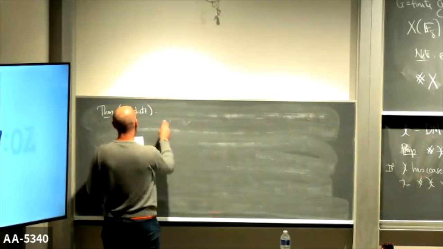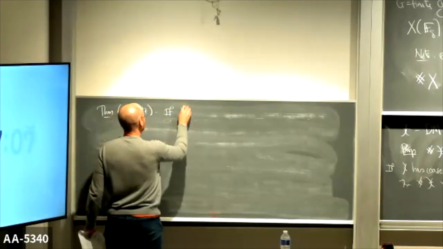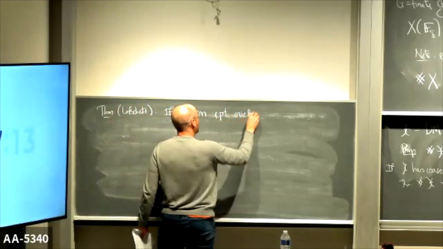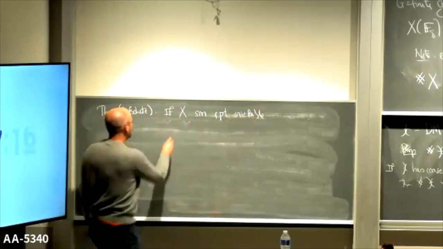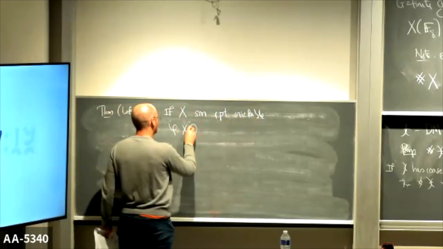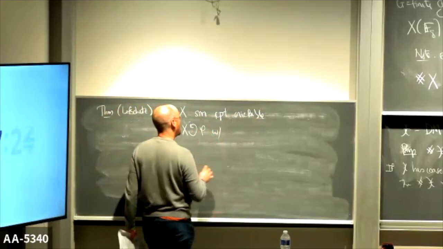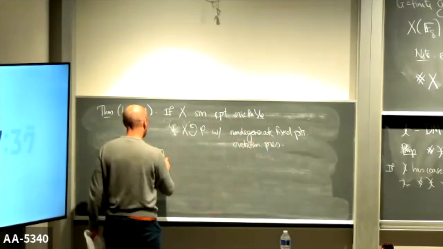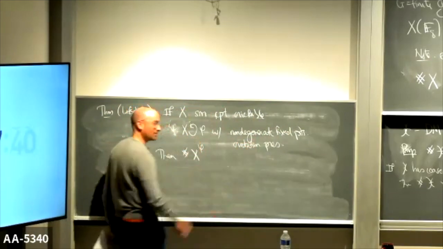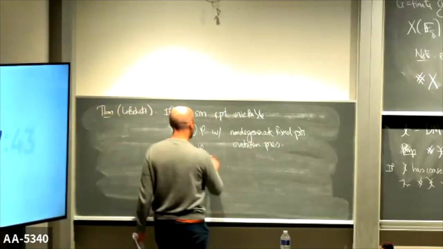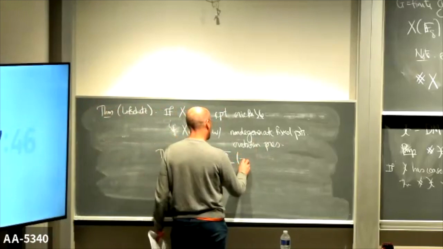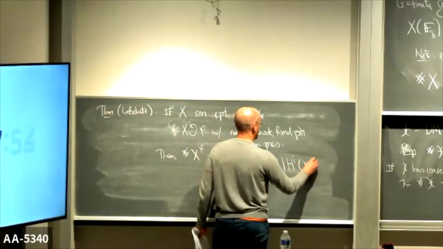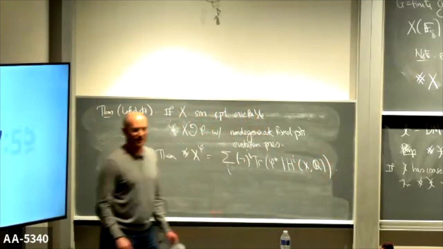And so I should remind you of an early theorem in topology going back to Lefschetz. There are much more general versions of this, but let's look at an easy version. If X is a smooth compact manifold, and phi is an orientation-preserving endomorphism with non-degenerate fixed points, then if we count those non-degenerate fixed points, this is the sum over all i of (-1)^i times the trace of phi upper star on H^i(X, Q), the singular cohomology.